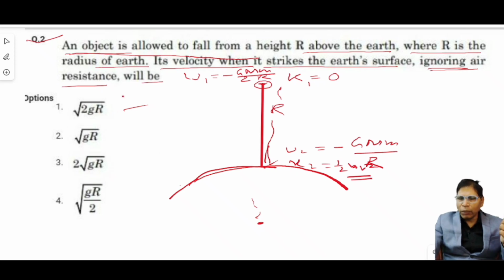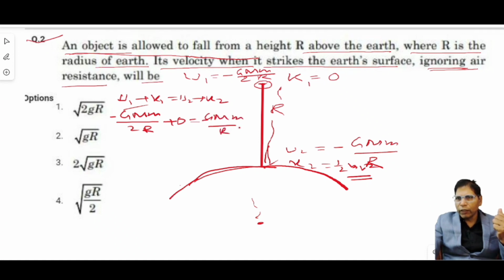Now, using conservation of mechanical energy, U1 plus K1 equals U2 plus K2. Now U1 is minus G capital M small m by 2R, and kinetic energy 0. Now here potential energy is minus G capital M small m by R plus half mv square.